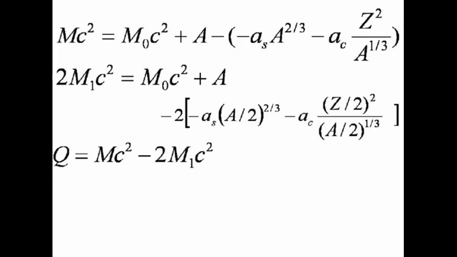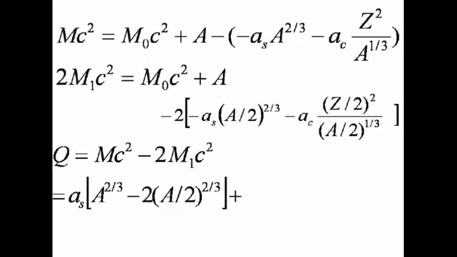Okay. So, you can work out the Q value: M c squared minus 2 times M1 c squared. You can just write this minus this. So, you will have A_s times [A to the power 2 by 3 minus 2 times (A by 2) to the power 2 by 3].